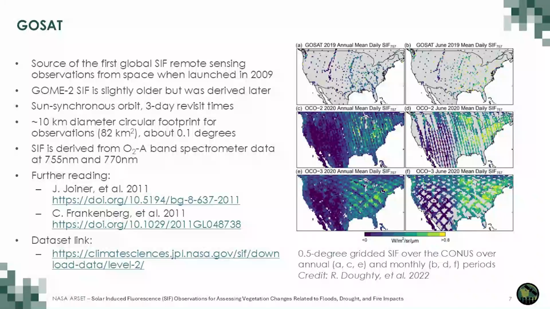That might be difficult to tell from the figure on this slide, because the OCO data has been gridded to a resolution of 0.5 degrees alongside the GOSAT data in this case. You can find more information on the data from the 2 papers that I've linked the DOIs for. And you can also find the data itself in the dataset link that I've included on this slide.